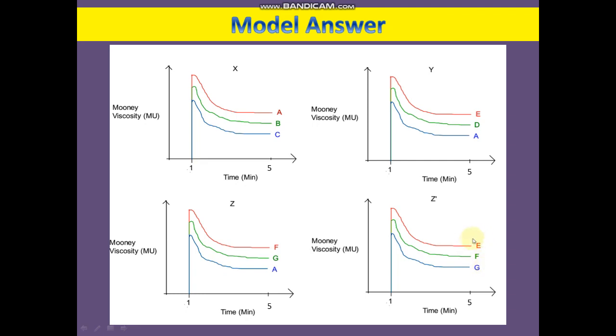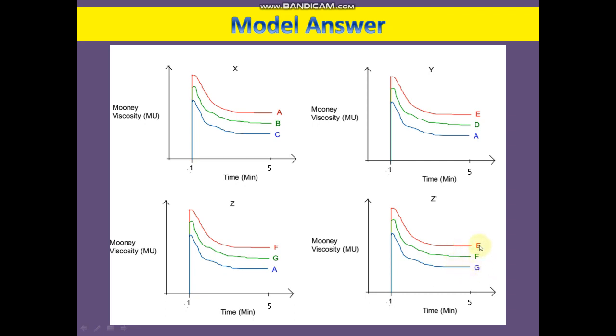All of these three compounds contain 60 pHr of carbon black. So the amount of filler cannot affect these Mooney viscosity curves, but the processing oil content can affect the Mooney viscosity of these three compounds.